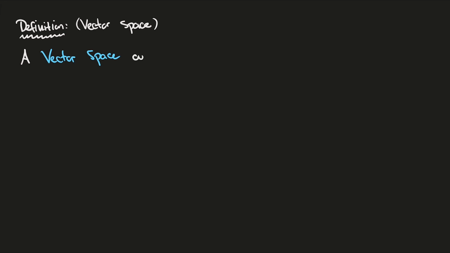We should now be able to appreciate the definition of a vector space. A vector space over a field F is a set V with two operations. We need an addition.